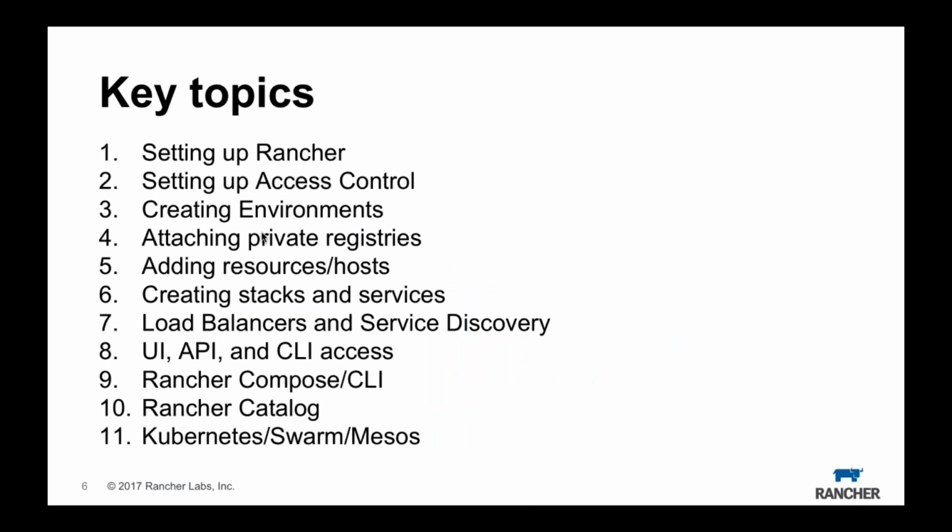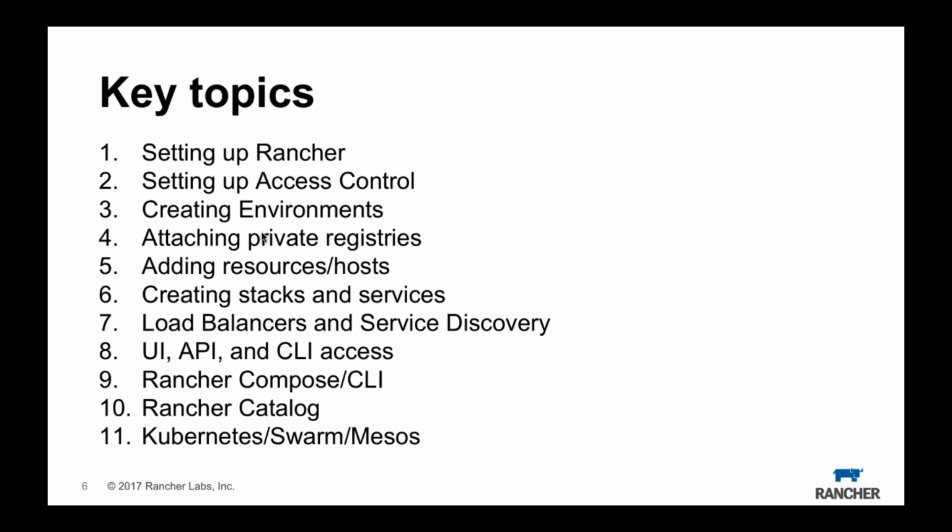And this is, I think, our last slide of the key topics of today. I'm going to cover how to set up Rancher, setting up access control and what those mean, and I'll probably spend a majority of the time going over a lot of the options there. We'll go through what an environment is and how you can create them. I'll show you where you can attach your private registries.